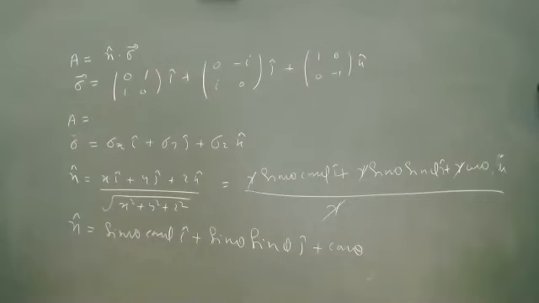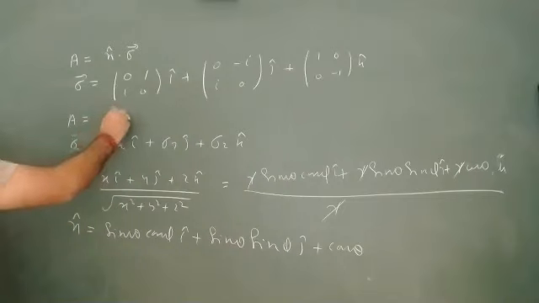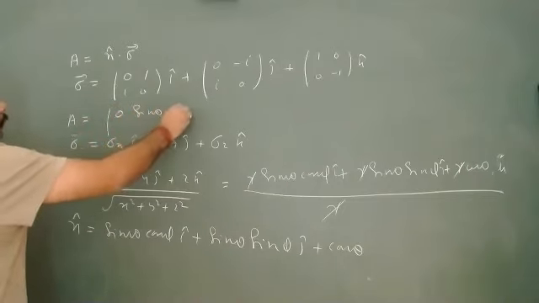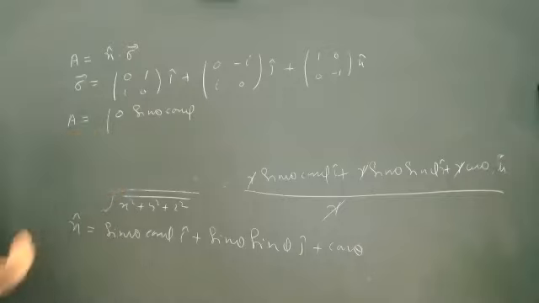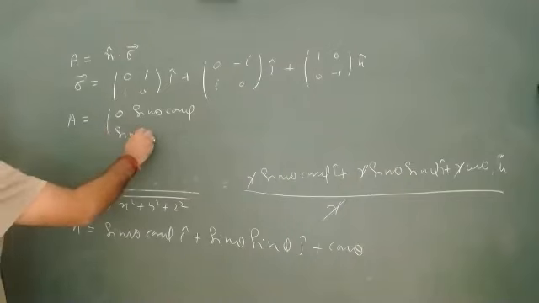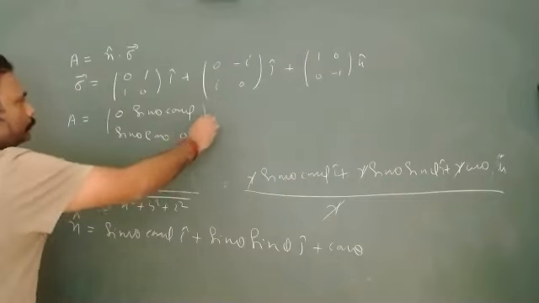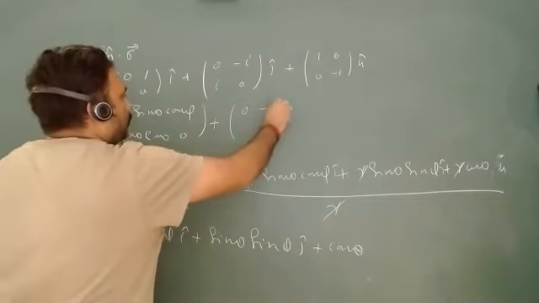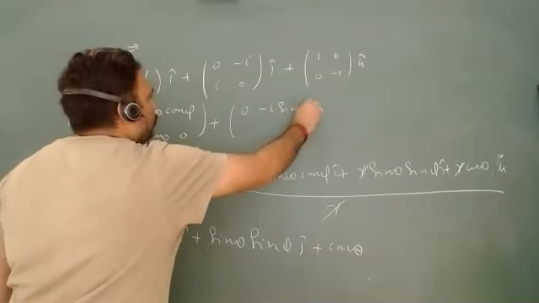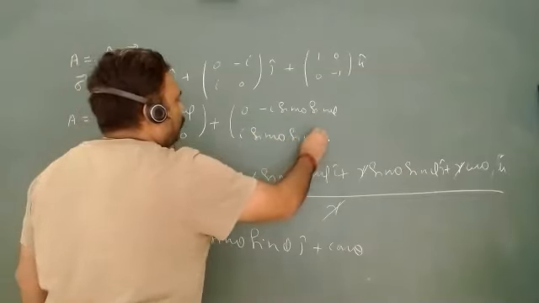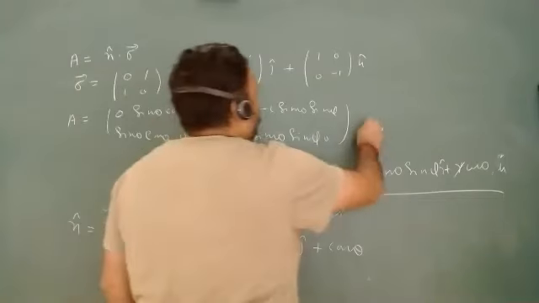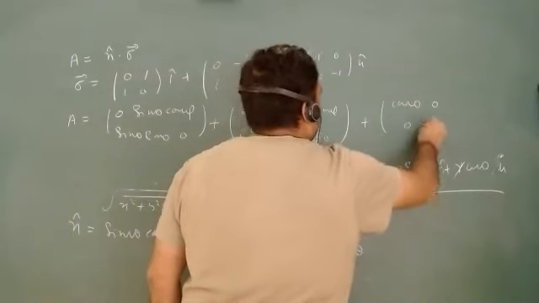Once you get the matrix A by the dot product, you basically have 0, sine theta cos phi, sine theta cos phi, 0, plus 0, minus i sine theta sine phi, i sine theta sine phi, 0, plus cos theta, 0, 0, minus cos theta.